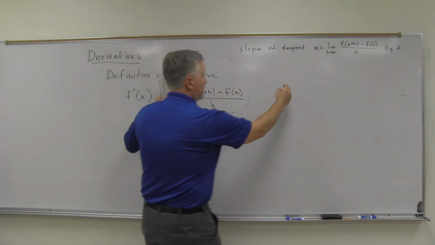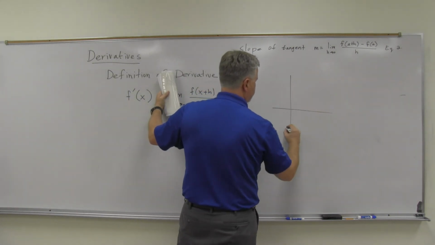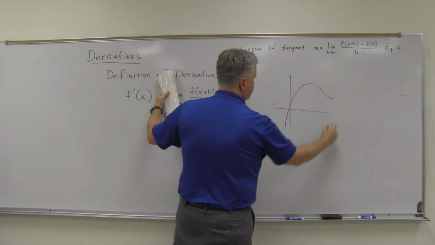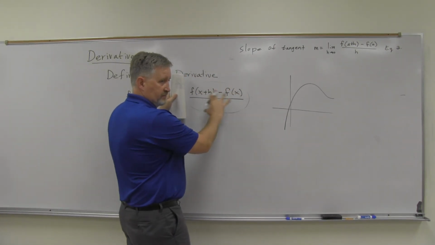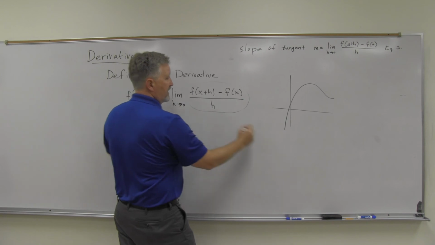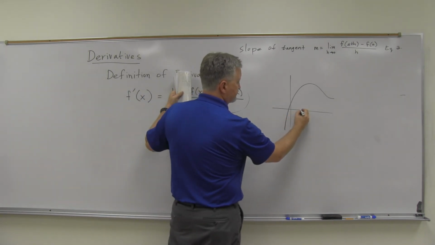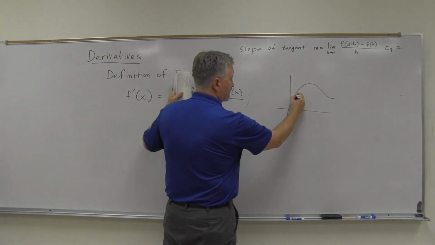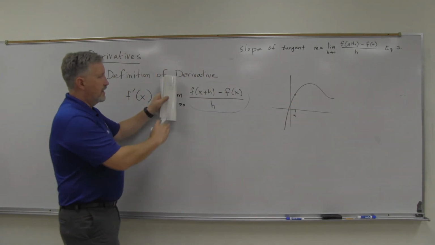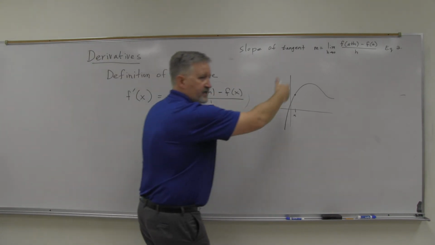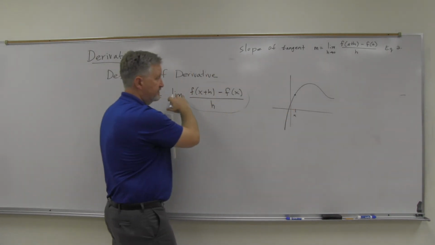So let me draw a generic example here. I'm looking for the derivative at x. So here's my x value, and that's my point. And I'm looking for the slope of that tangent line. That's going to be the derivative.